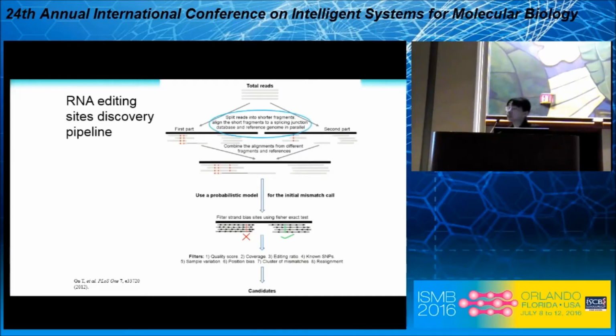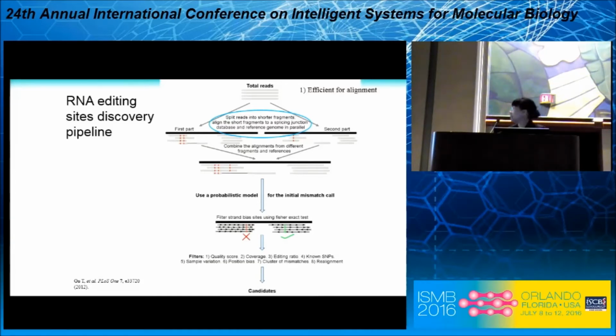First, it can split long reads into short fragments, so it can tolerate more mismatches, since editing sites tend to cluster together. And also it can align to the splicing junction database and the reference genome in parallel. So it's a very efficient alignment, and it also solves the problem at the splicing junction regions.